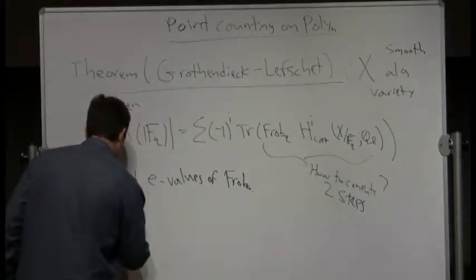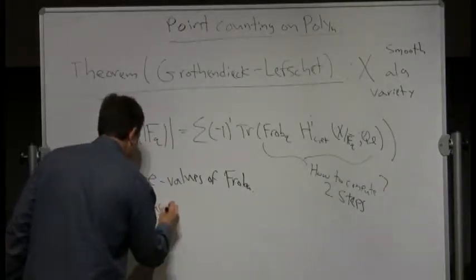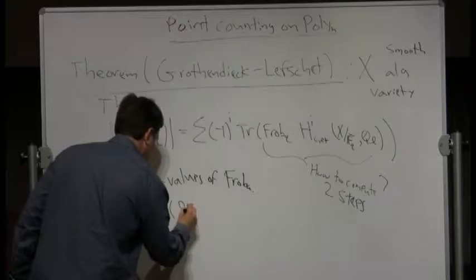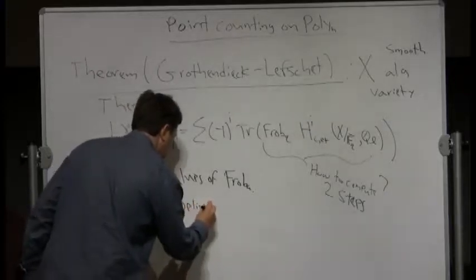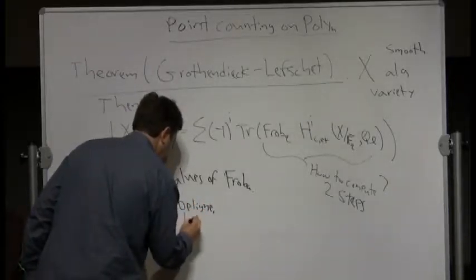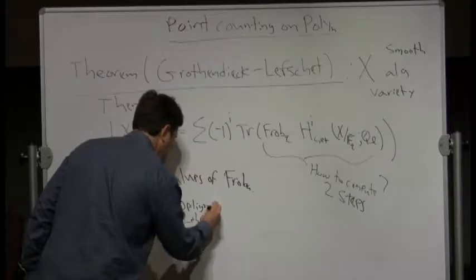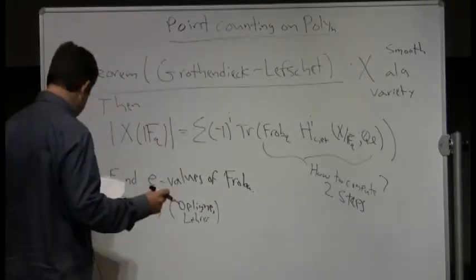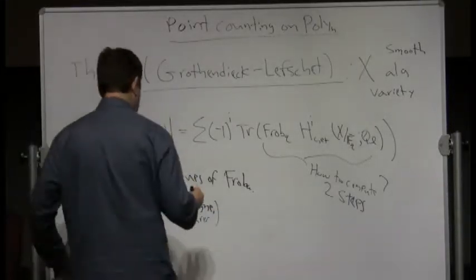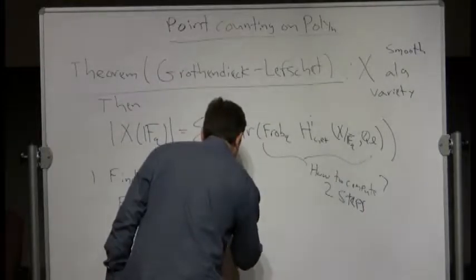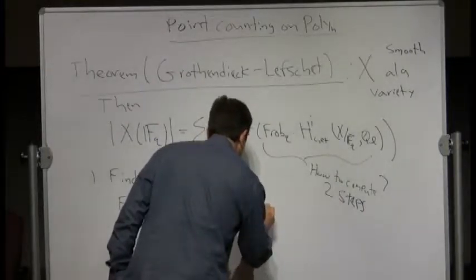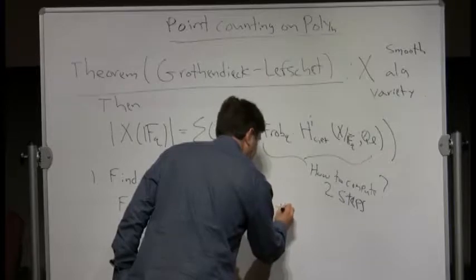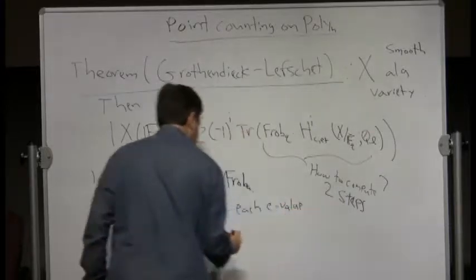For us, by work of Deligne and in this case like Lehrer, and I'm probably forgetting names. Each eigenvalue, they're all the same, which is actually, that part's reasonably common, I think.